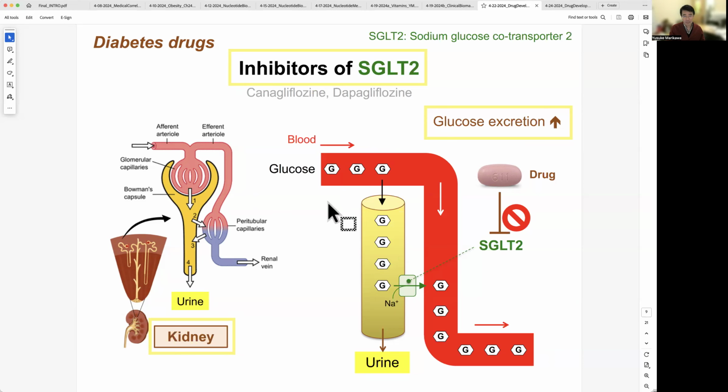So the kidney is doing some complex stuff here, but this drug is preventing this reabsorption of glucose, basically promoting glucose excretion. That's how you try to reduce glucose in the body. SGLT2 inhibitor acts on the kidney to promote glucose excretion. Those yellow boxes are the important main parts that you have to focus on.